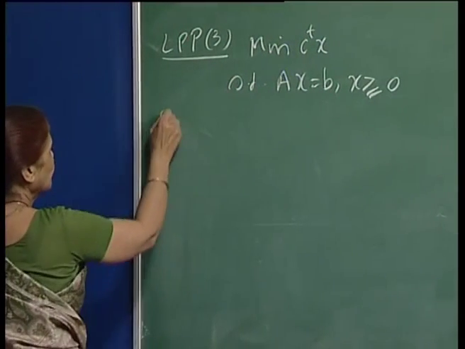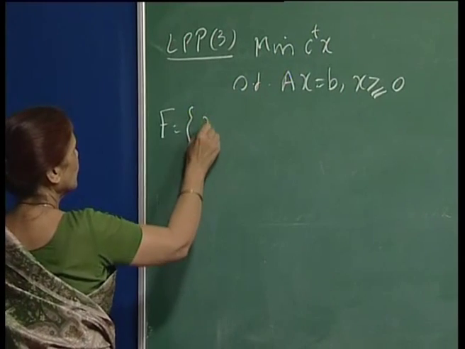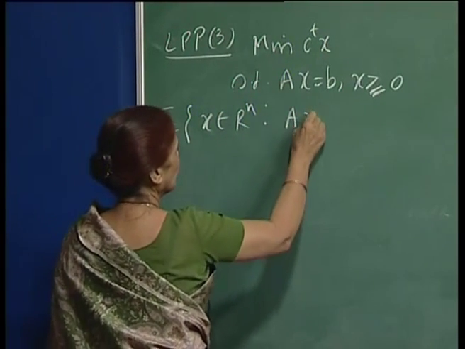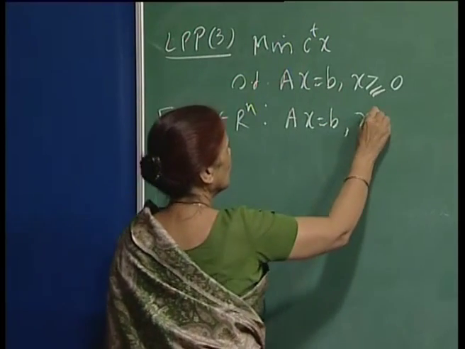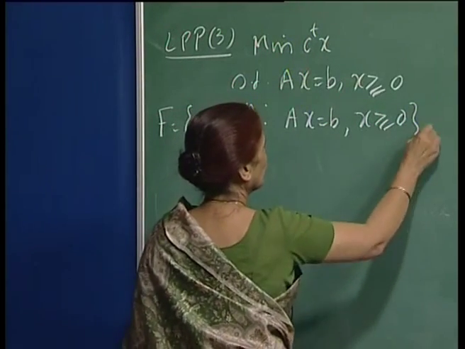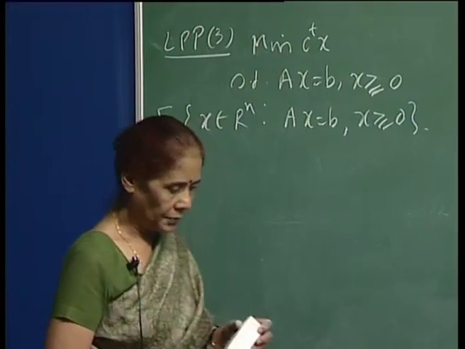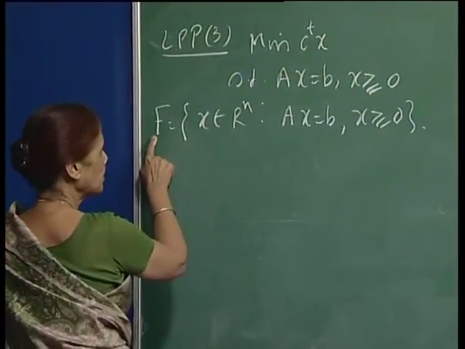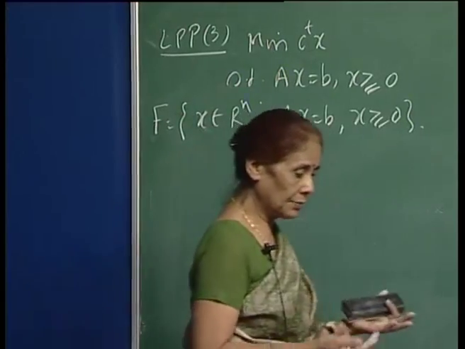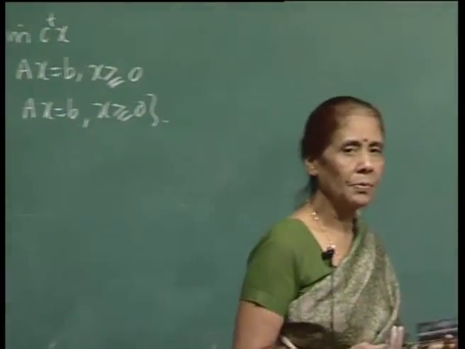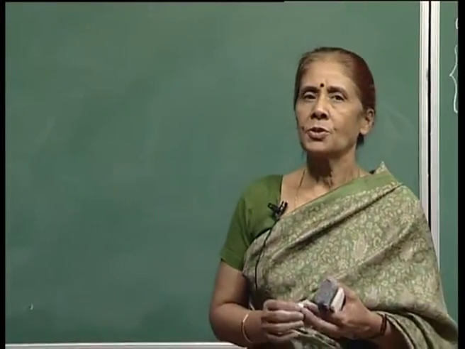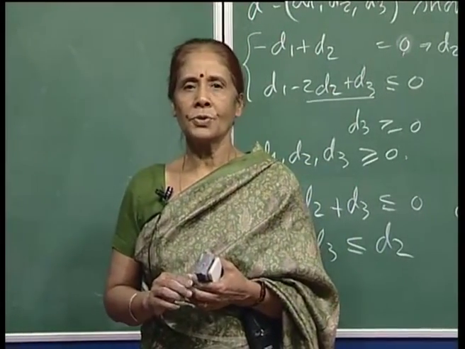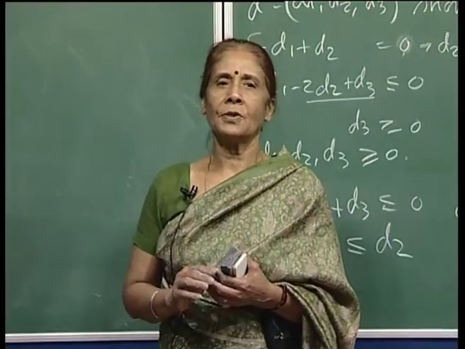So, I define the feasible region F as x belongs to Rn such that Ax is equal to B, x greater than or equal to 0, and I call this the set of feasible regions. Then we defined the concept of a basic feasible solution, and I showed you that if F is non-empty, that means if F has a feasible solution, then it will always have a basic feasible solution.